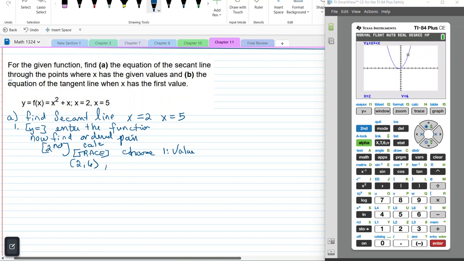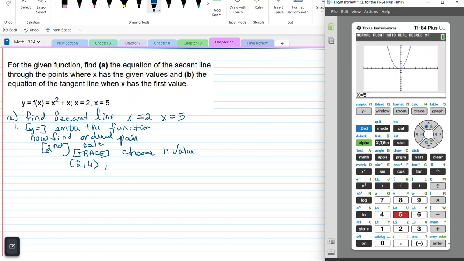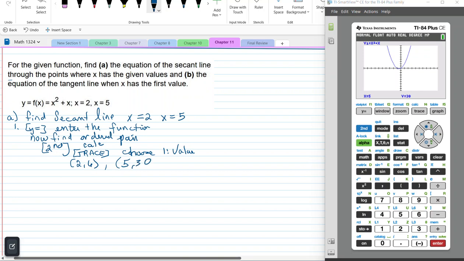And now I'm going to do the 5. Second calc, value, and I'm going to enter the 5. And I get, it looks like 30. Yeah, it looks like 30. So that would be 2 and 6, 5 and 30.